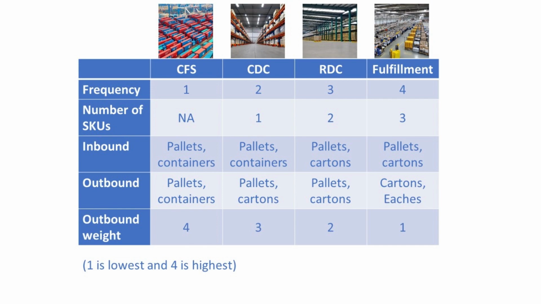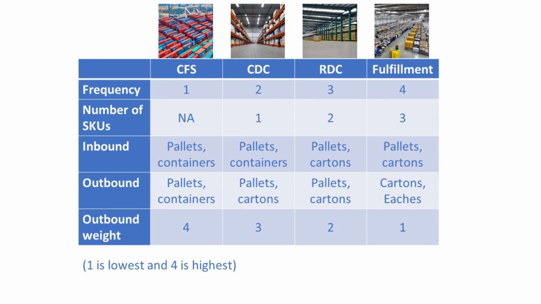And lastly, the weight handled per shipment also changes according to the type of warehouse. The containers, 20 feet, 40 feet, are obviously the heaviest form of storage units which are managed. But the fulfillment centers have the lightest because they tackle eaches.